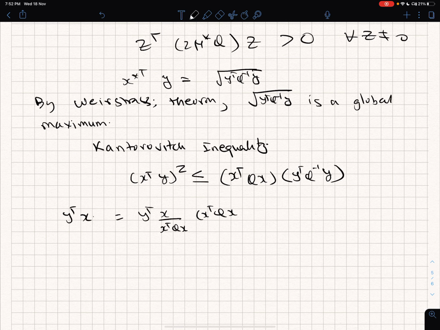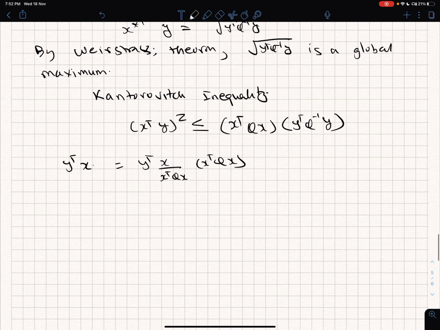x transpose qx. Now let's define the derived vector as x divided by x transpose qx, with x of course not equal to 0. Let's call this vector x bar. Then what is x bar transpose qx bar?